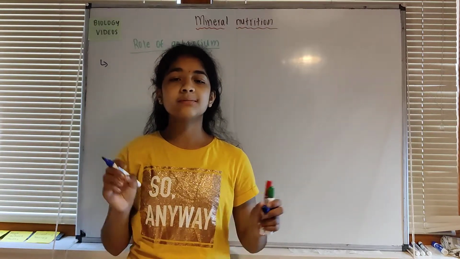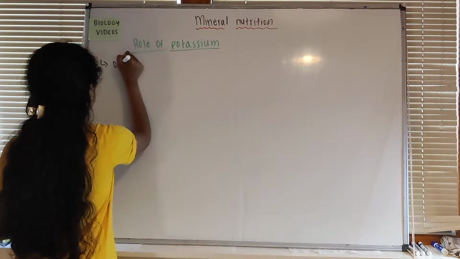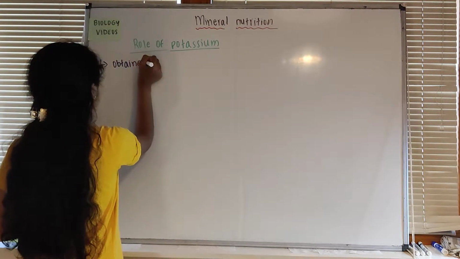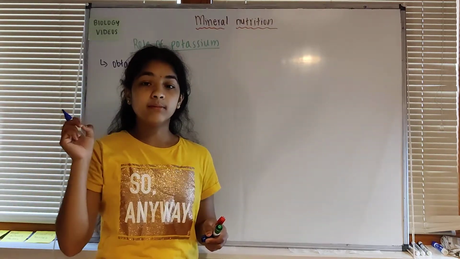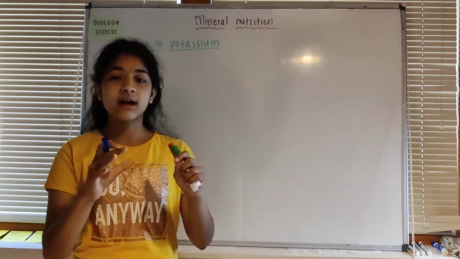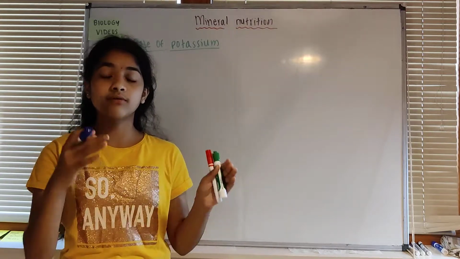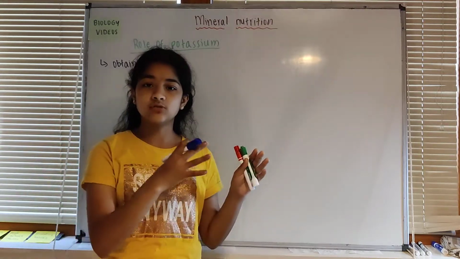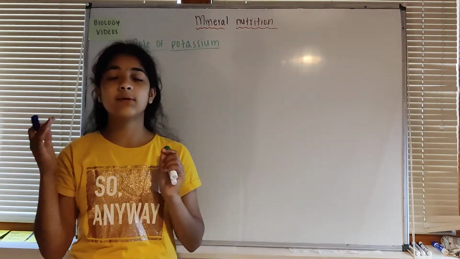Potassium is mainly obtained in the form of potassium ions, and all of these mineral nutrients are absorbed by the root hairs. Root hairs come out of the root in the maturation zone, and they absorb water from the soil as well as some of the mineral nutrients.